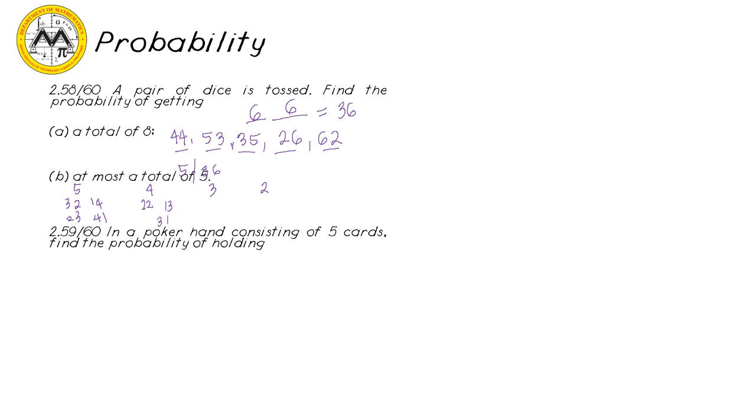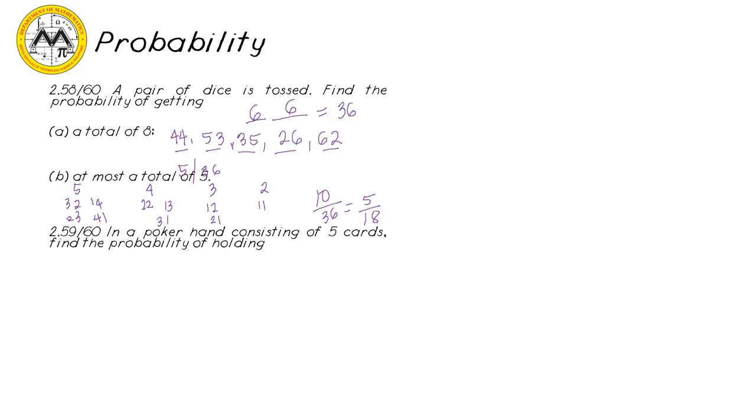A total of 3 means we have 1-2 and 2-1, and a total of 2 is 1-1. We can't have a total of 1. So all in all, we have 4 plus 3 is 7, plus 2 is 9, plus 1 is 10. So that is 10 over 36, equal to 5 over 18.